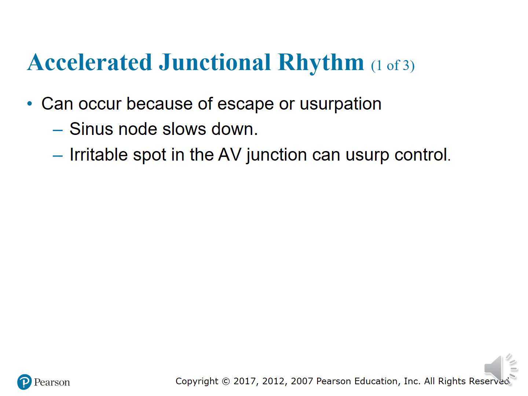If the SA node slows down, the AV junction can escape and take over as a pacemaker, or an irritable site in the AV junction can assert control from the slower sinus node and become the heart's pacemaker at a faster than normal rate.